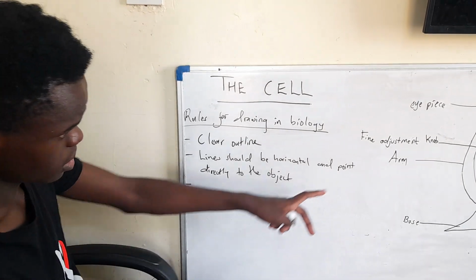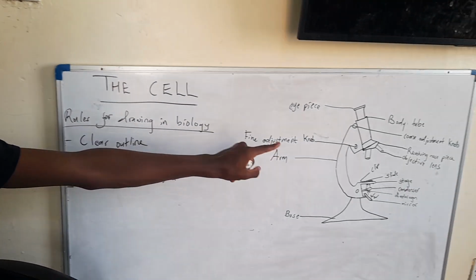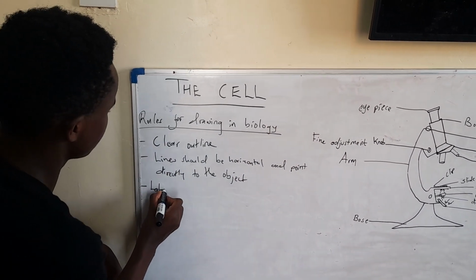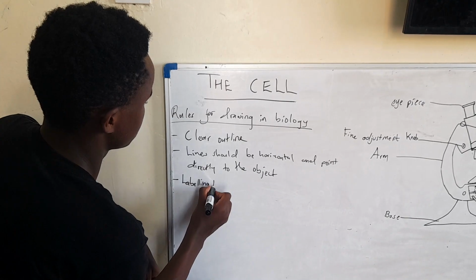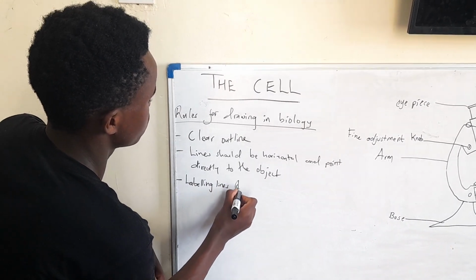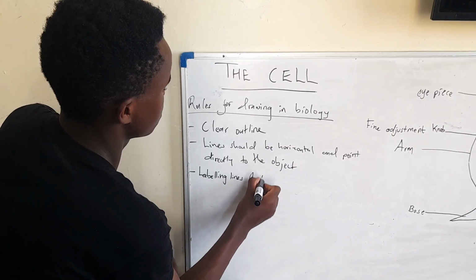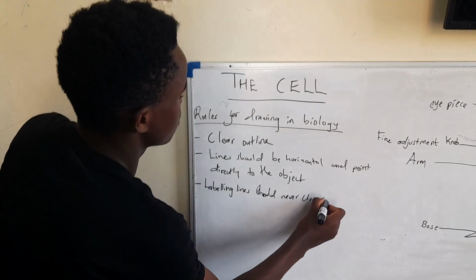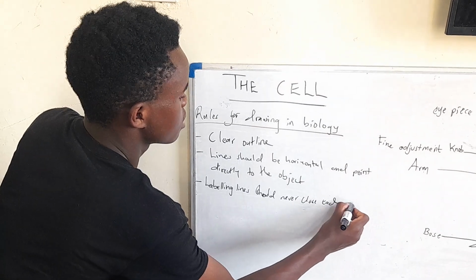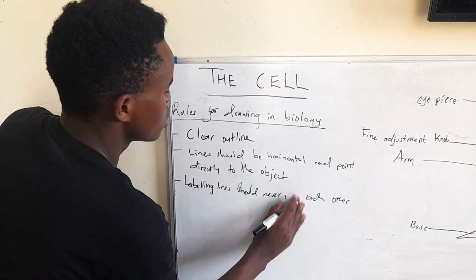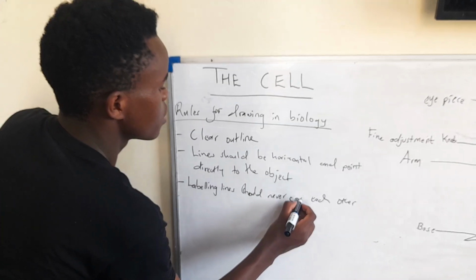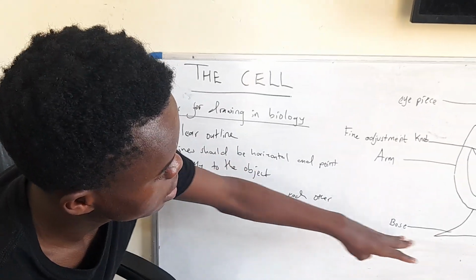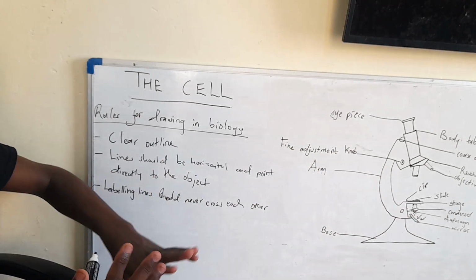And also something else about the labeling lines, they should never cross each other. Whenever you're labeling, make sure that the lines are horizontal and they don't cross each other.